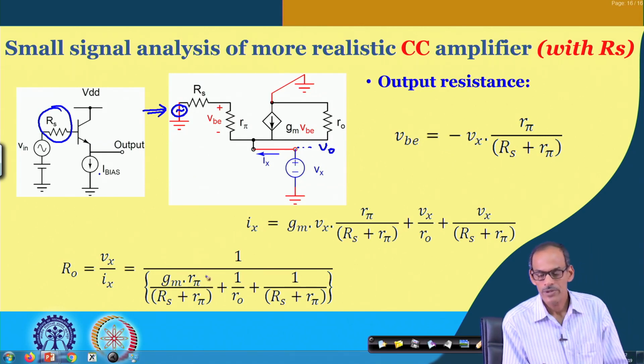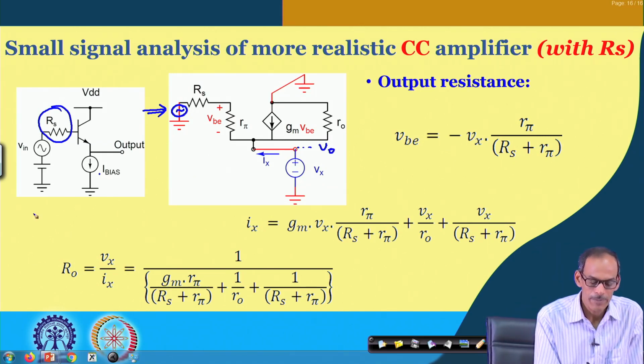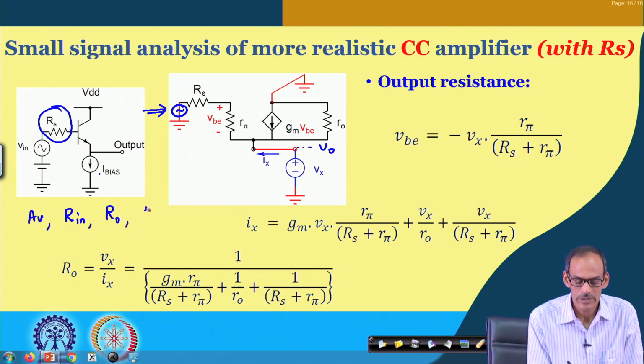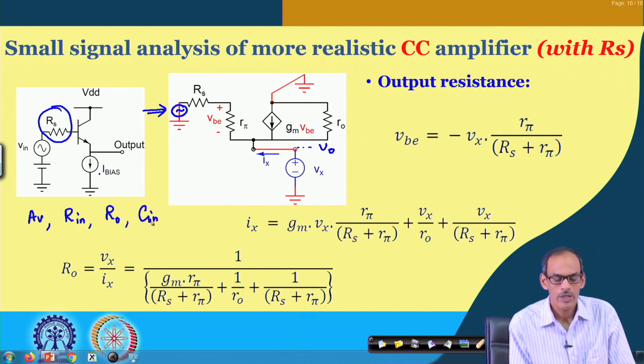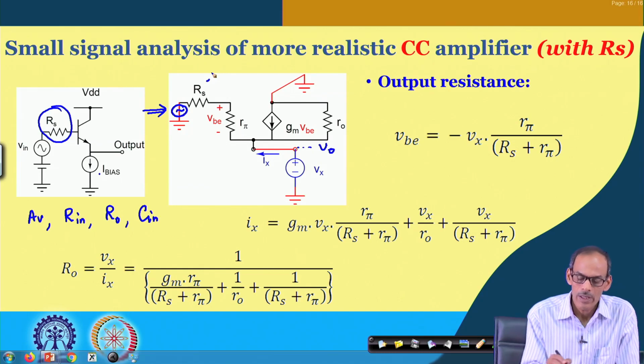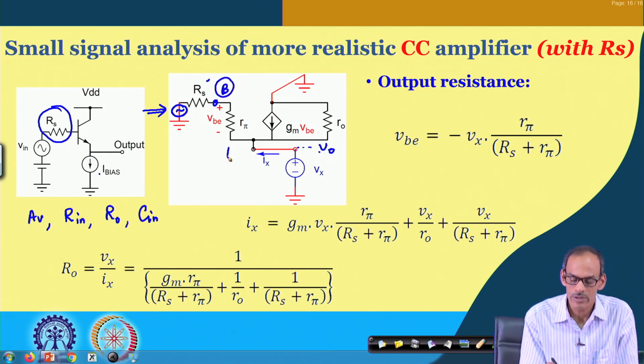Now, what are the parameters we need to consider? The voltage gain, input resistance, then output resistance, and then C in. Now, if I consider this R s, the behavior of the circuit from the base terminal to the emitter terminal remains the same.